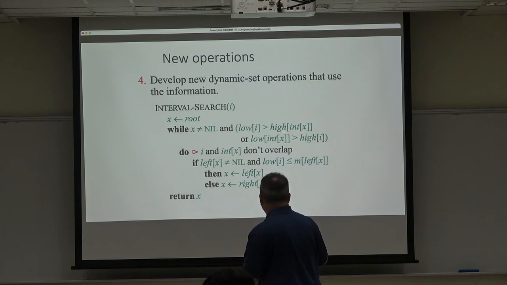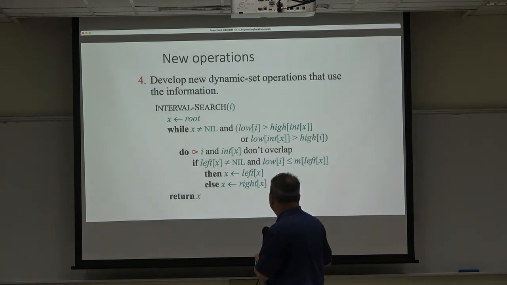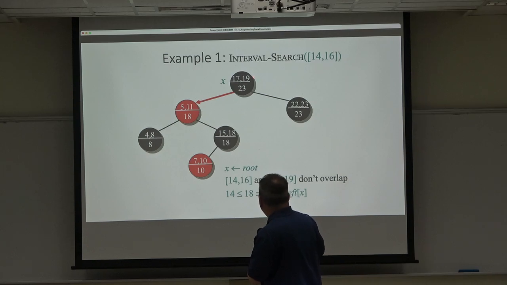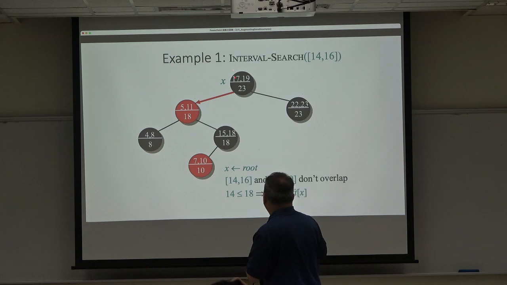So it means this one: low int x is larger than high I. So it's the second condition, which means there's no overlap.